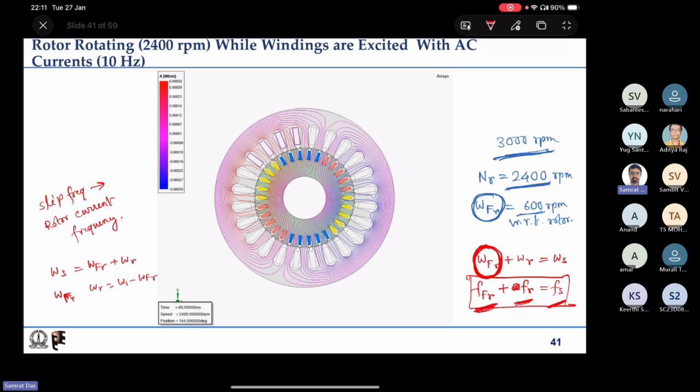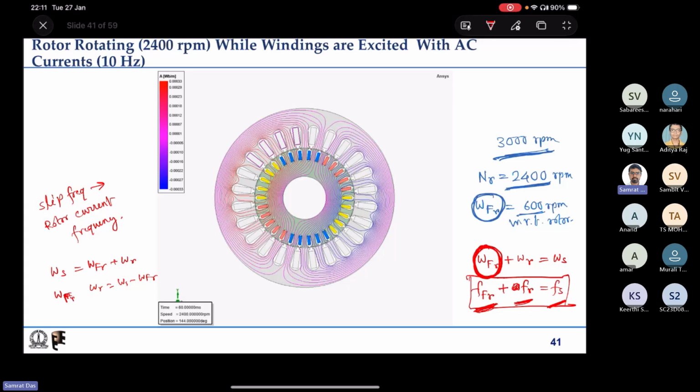For generation, normally, if you do not give any excitation, the rotor speed has to go above the synchronous speed.